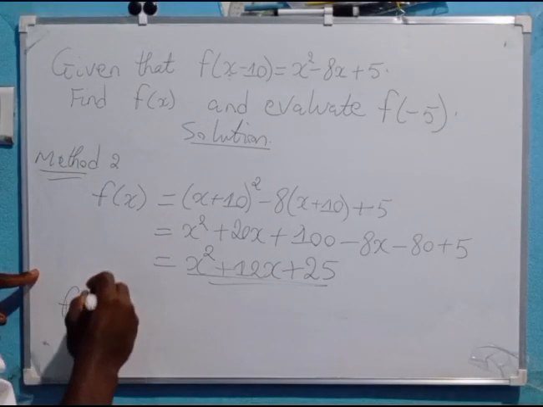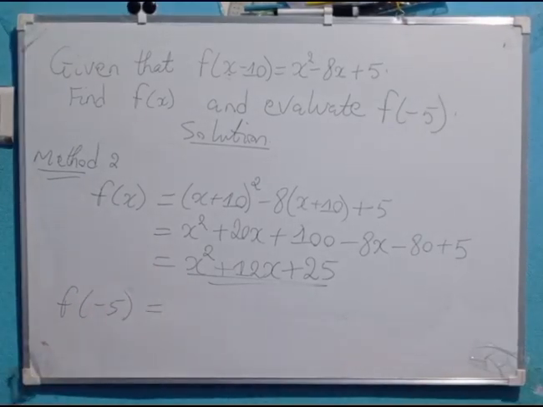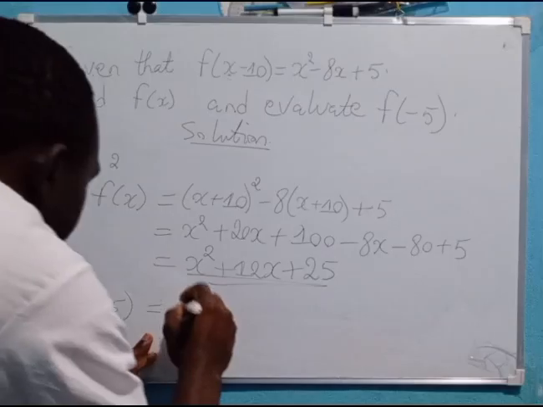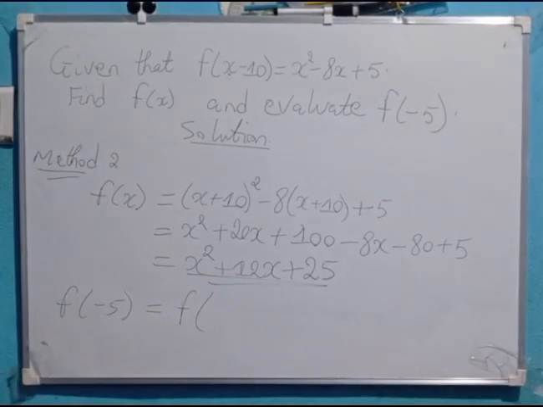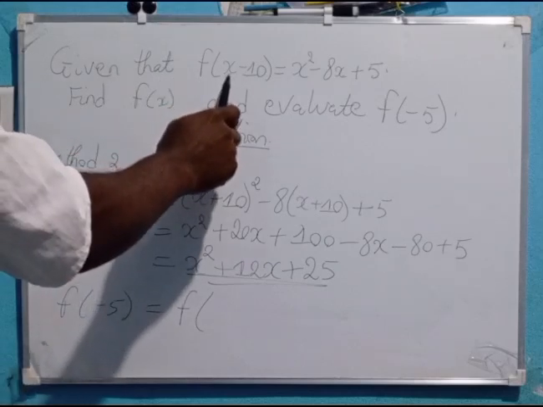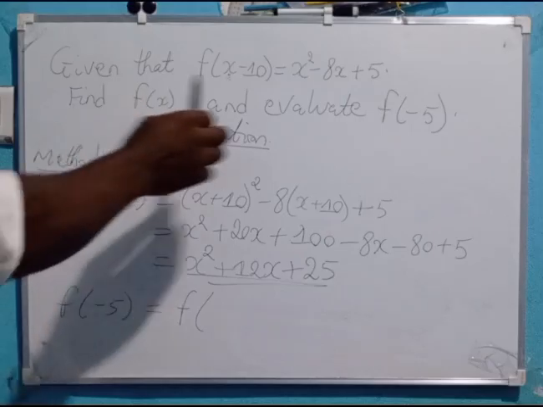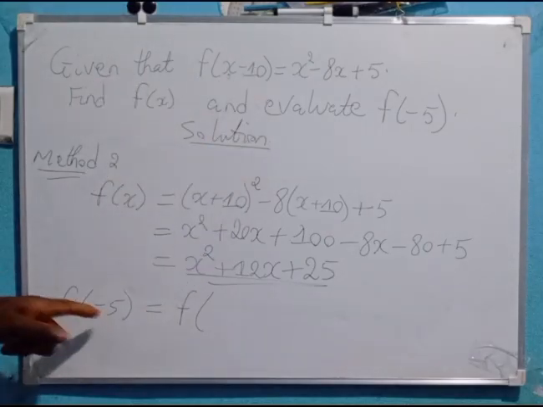f of negative 5 is simply the same as f of, there is a certain number such that when we replace x with that number here, when we simplify, it gives us negative 5. 5 minus 10 gives us negative 5.